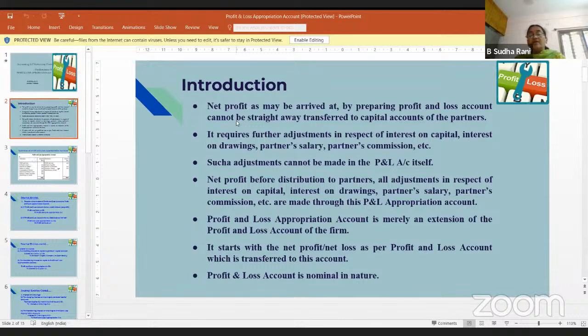So after considering all revenue, expenses, and revenue incomes of the firm, whatever net profit is realized has to be distributed among the partners.